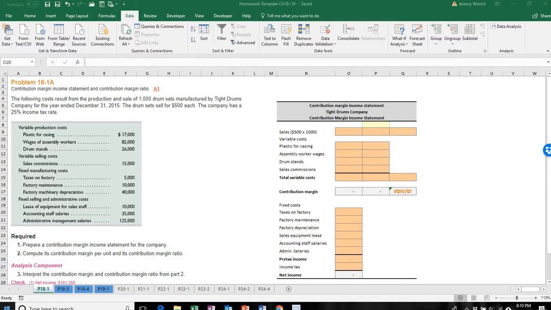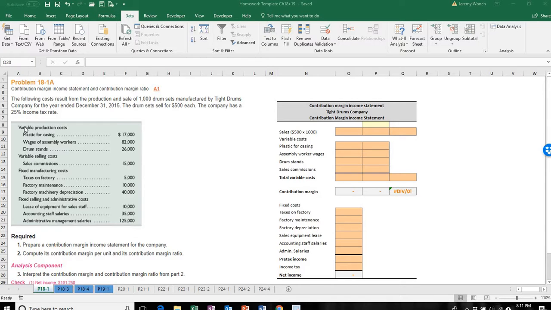So let's go ahead and jump into problem 18-1. We have the following costs from the production and sale of 100 drum sets manufactured by Tight Drums Company. They sell the drum sets for $500 each, and they have a 25% tax rate.